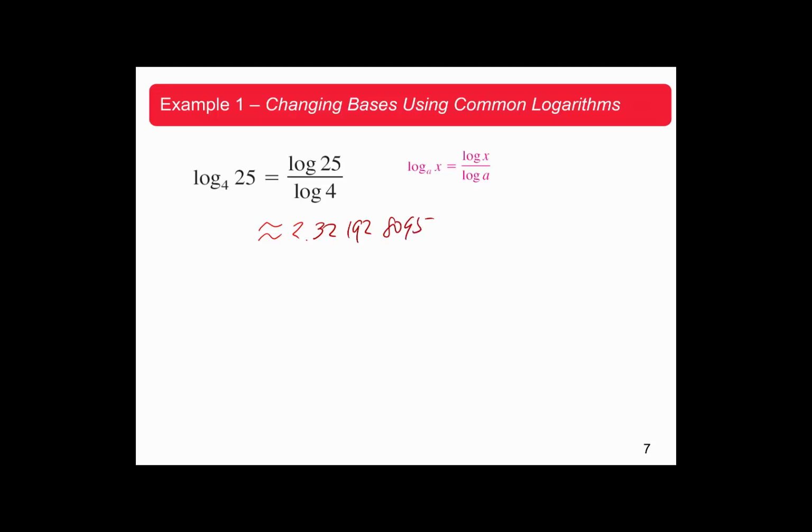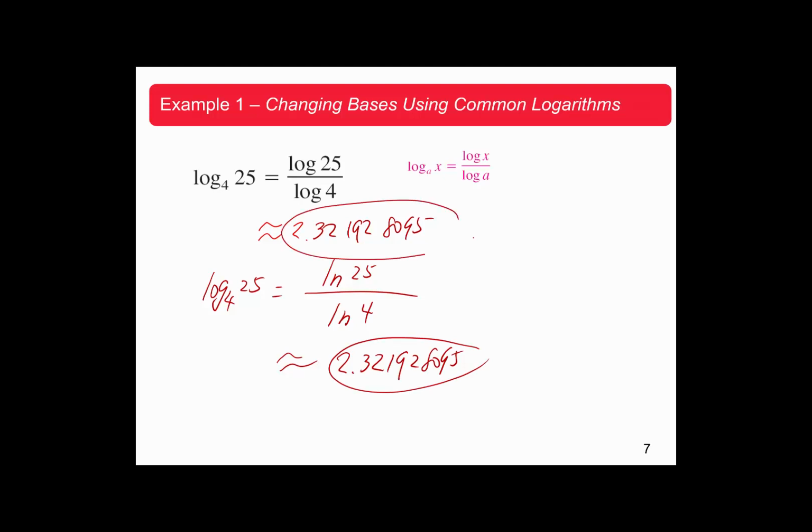Also you can change the base to ln, so log_4 25 you can write as ln of 25 over ln of 4. If you put it into the calculator, you get the exact same result, no difference. So either way you like to convert it, you can get a result.